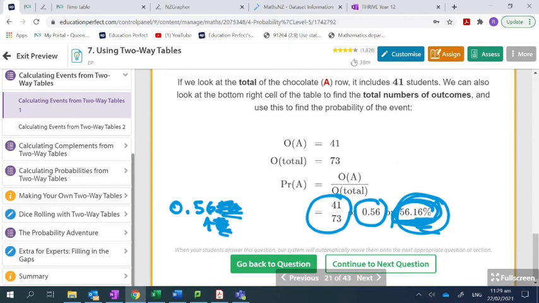Usually, however, you're going to find that we ask these in a question. So you would have to say 56.16% of the students had only had chocolate. You would be describing it in a sentence anyway. But get in the habit of doing the math for all three. That way you'll be in much better shape. Okay?